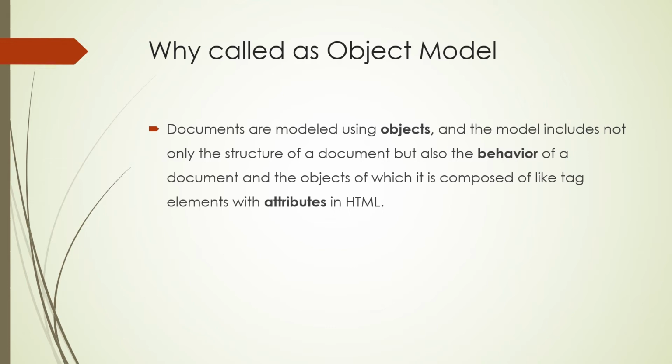We know when we see a web page on a computer, it is full of objects like paragraph tag, div tag, anchor tag, and a lot of tags in our web page.